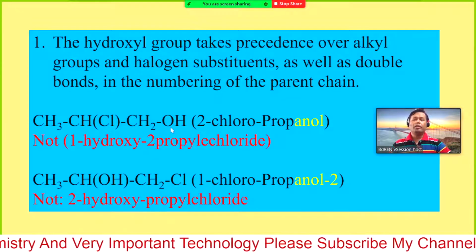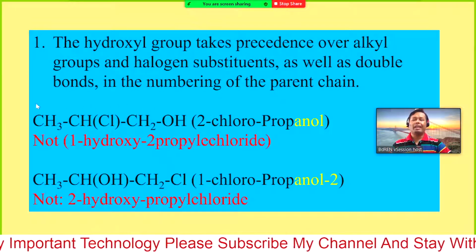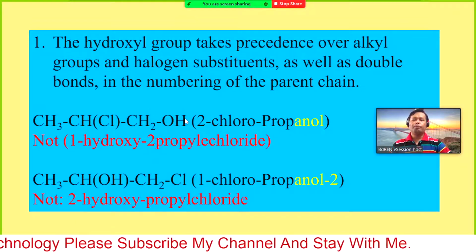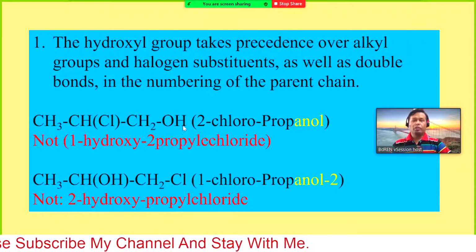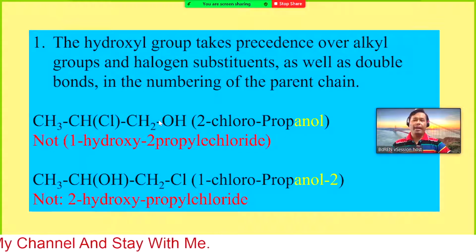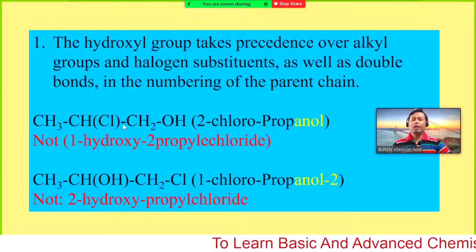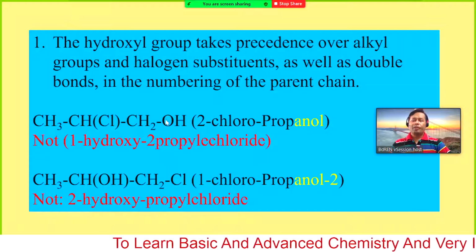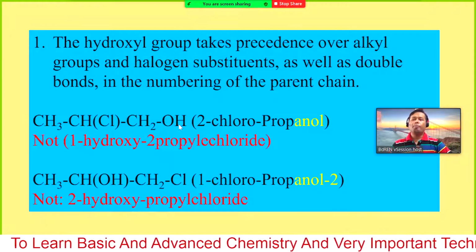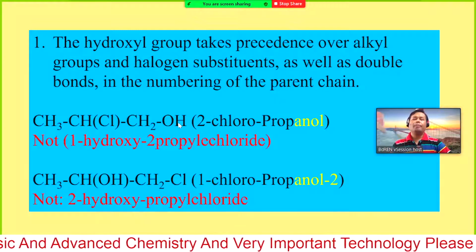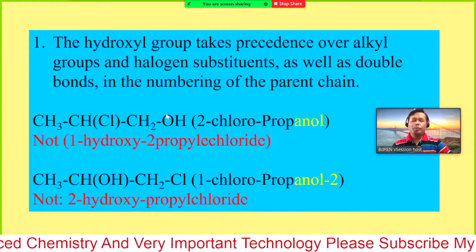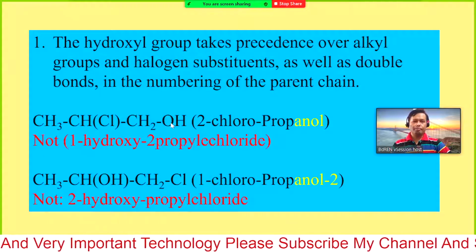So we do not consider this compound an alkyl halide, we consider it an alcohol. The parent compound should be the alcohol, and the halogen or any other substituent should be considered a substituent. So what should be the name of this compound? If we consider it an alcohol, you need to number the compound so that the position of the hydroxyl group is minimum.